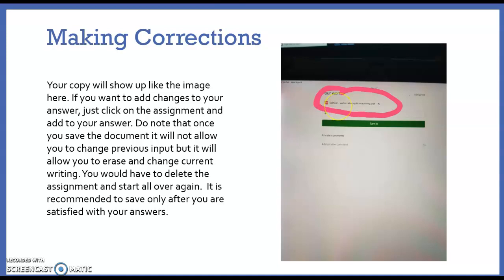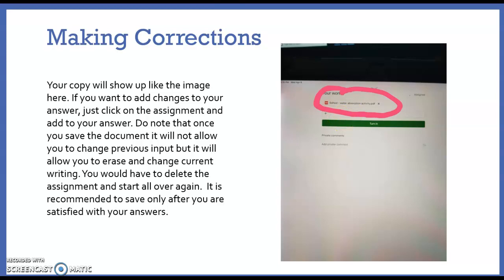Again, when you click on the assignment to go back in it, you will not be able to delete or change any of the previous recorded information, but you will be able to add information and erase any mistakes that you made in the new information. So please be mindful of that when you're completing the assignment.